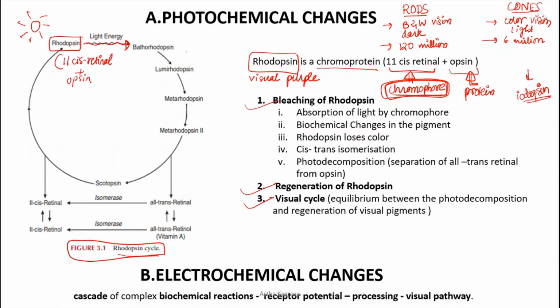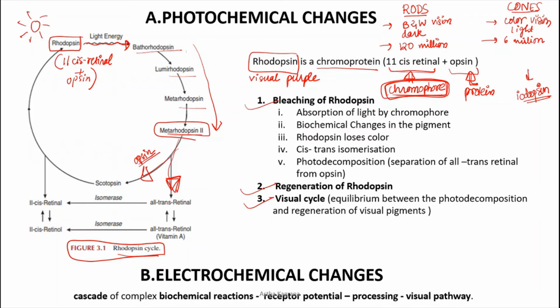It will absorb the light energy and go through a series of biochemical changes to form various intermediates. That is your bathorhodopsin, lumirhodopsin, meta-rhodopsin 1, and meta-rhodopsin 2. The meta-rhodopsin 2 will finally convert the 11-cis retinal into all-trans retinal, and opsin will be separated.